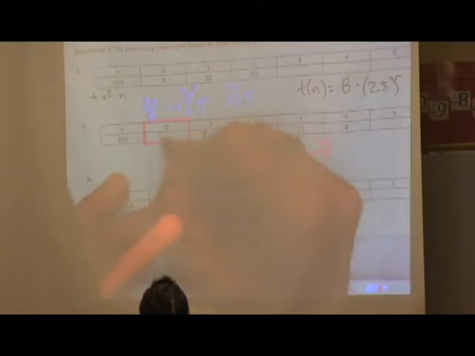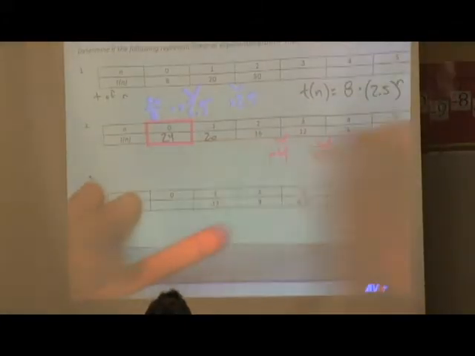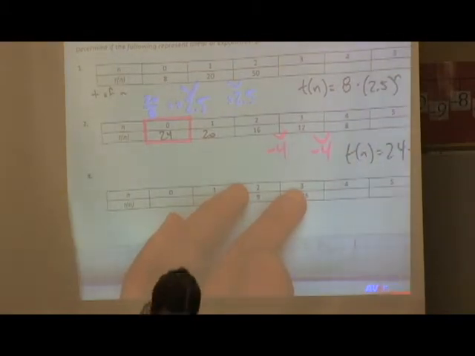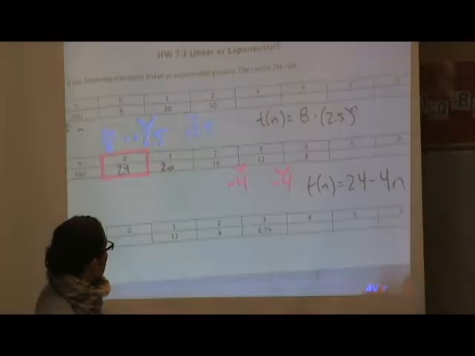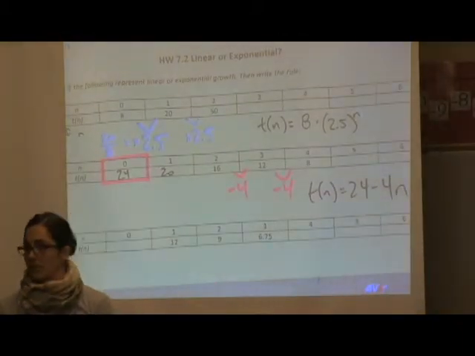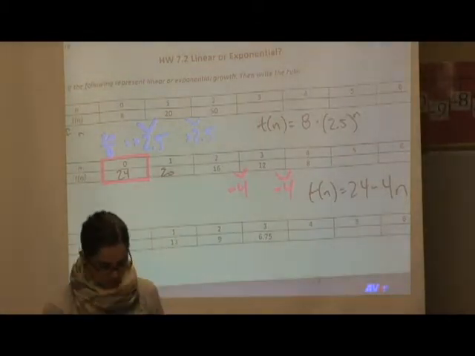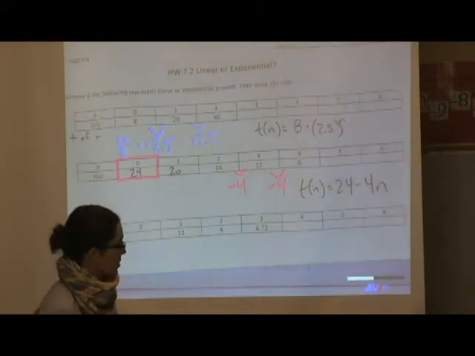This would be 20, this would be 24. So then my rule here would be t of n is equal to 24 minus 4n. Making sure that you didn't write your 4n as an exponent, that weird things didn't happen with your notation. Notation seems not very important, but in fact it is.